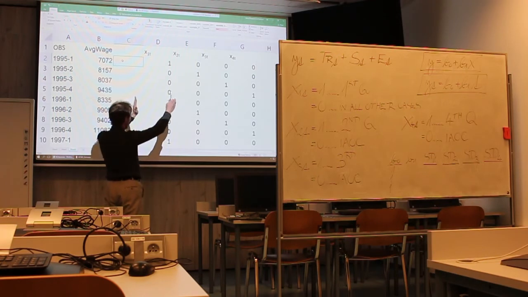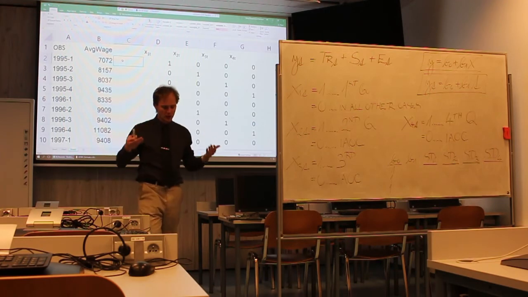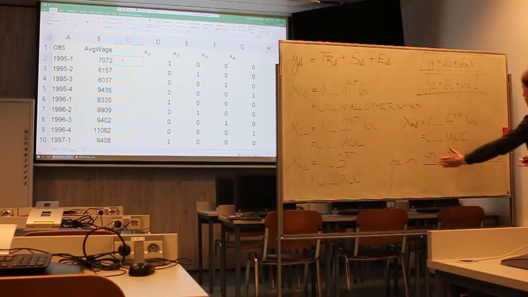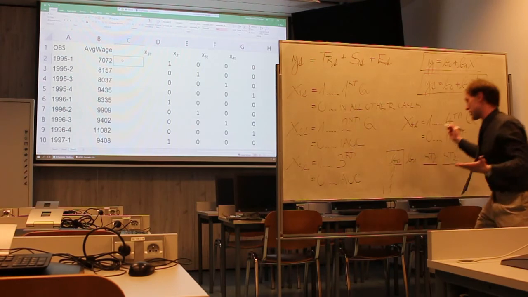If we use these 4 variables, there will be perfect linear dependence, perfect correlation between these 4 columns and, for example, the column of constants.